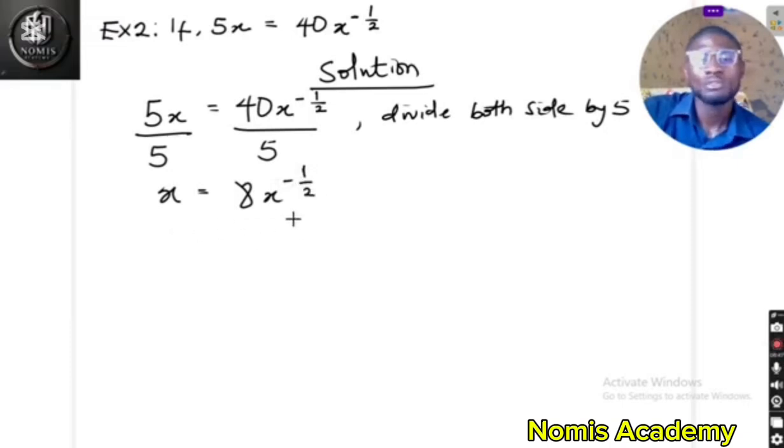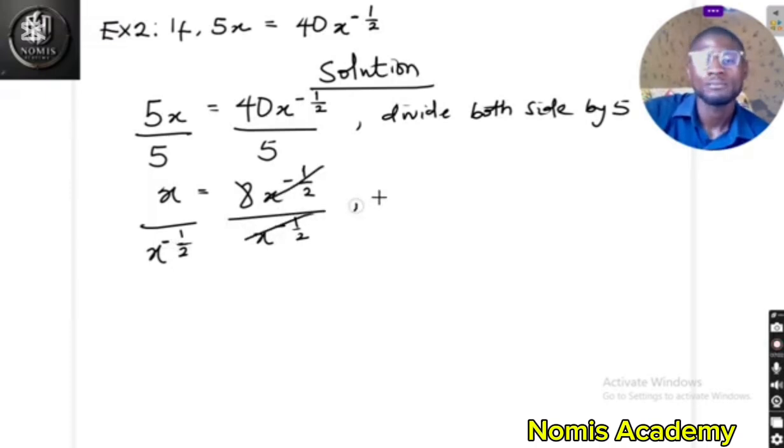So I'll divide both sides now by x raised to the power minus 1 over 2. So this becomes x to the power minus 1 over 2 all over x raised to the power minus 1 over 2. So this goes for this.